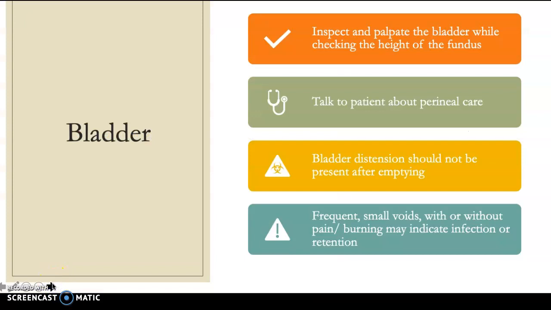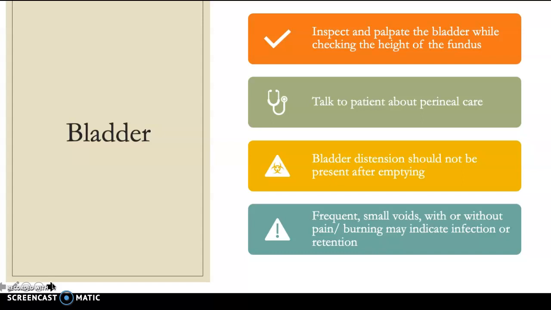So the next part of our BUBBLE-PIN assessment is the bladder. We are going to inspect and palpate that bladder. We are going to talk to the woman about wiping front to back and other perineal care. And we want to make sure that she is urinating frequently and that she's able to urinate on her own. A woman who has had a C-section will have that catheter in place until she's able to move around on her own and we get her up to the restroom.